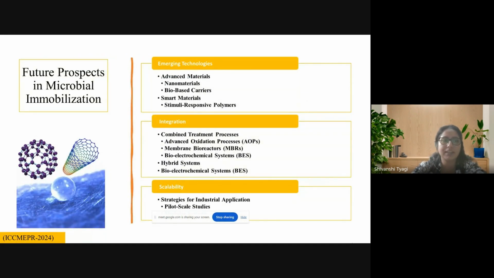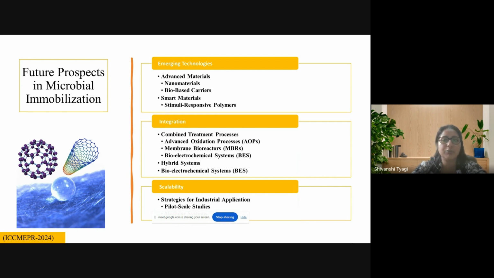The future prospects of microbial immobilization are the emerging technologies. Nanomaterials like nanotubes and nanoparticles can be used. Bio-based carriers, which are environment friendly, can be used. Smart materials like stimuli-responsive polymers, which change their properties according to external factors, can be utilized.